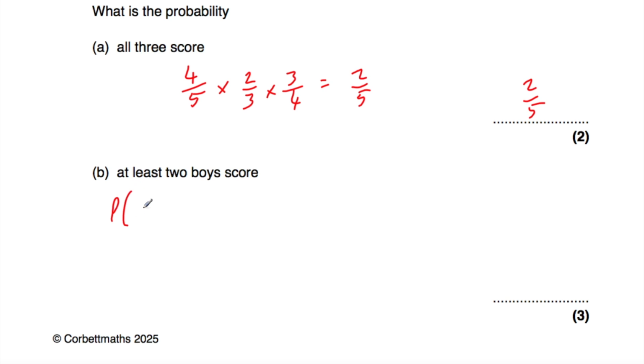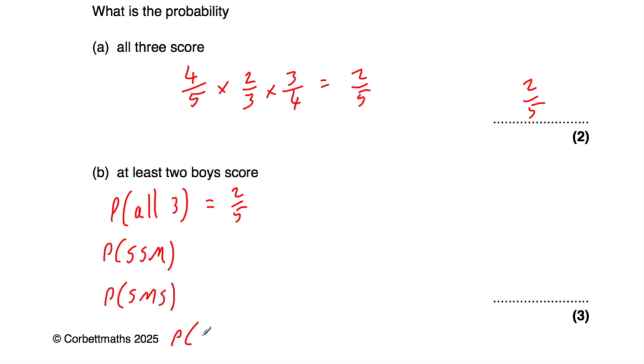So the probability of all 3, which we've already worked out, is equal to 2/5. Then we've got the probability of score, score, miss, or score, miss, score, or miss, score, score. Let's work out those probabilities.